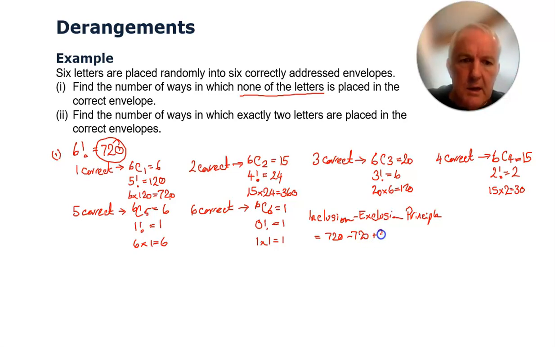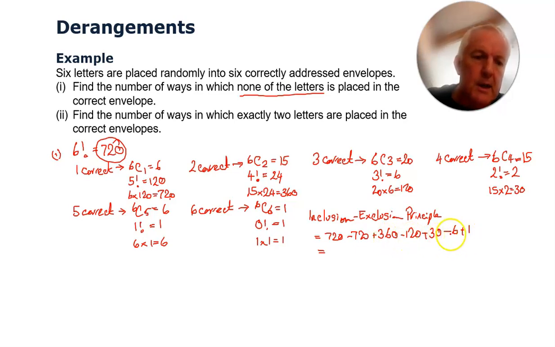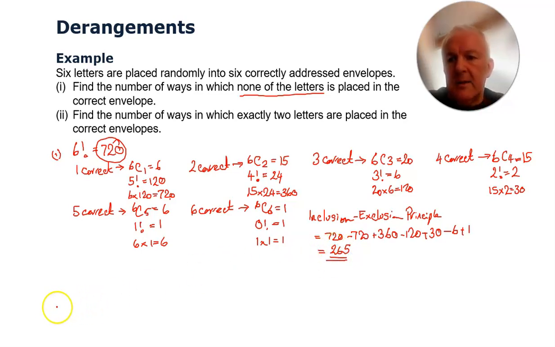I add the second answer. I take away that 120. I add the 30. I take away the 6. I add the 1. And you just alternate them like that. That's 240, 270, and that's 5 effectively. I think the answer is 265. And that's not obvious at all, I think, but have a look back at the inclusion-exclusion principle if needed.